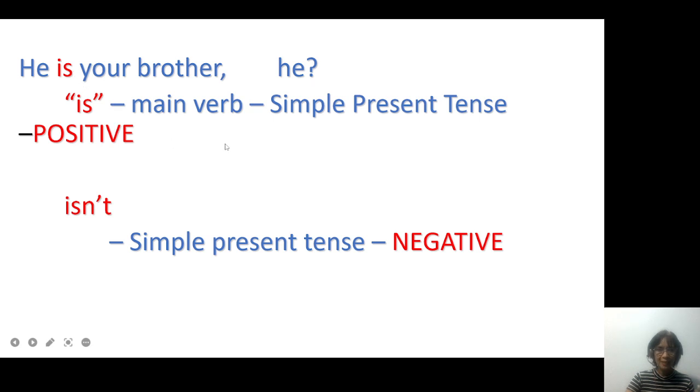So is the main verb. It's in the simple present tense and it's the positive form. Now, in the simple present tense, the negative should be isn't. So we're not using is anymore here, but rather we are going to use isn't. So we form the sentence as, he is your brother, isn't he?